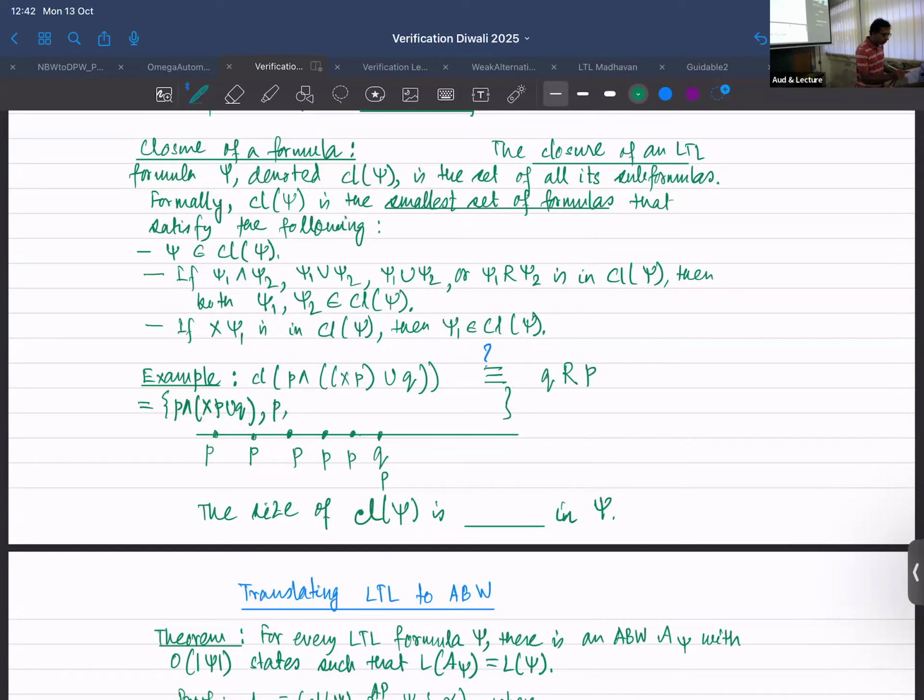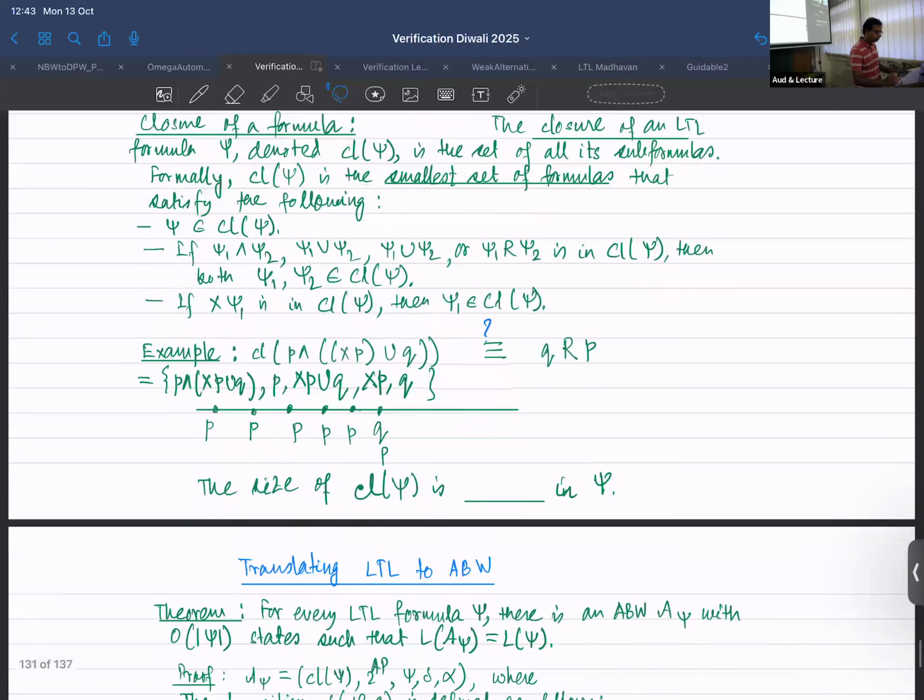You have P as well as XP until Q. You have psi1 until psi2, so both psi1 and psi2 should be there. So you have XP, also you have Q, and if you have XP, then P should also be there. But P is already there. So closure of this is the set of these formulas.